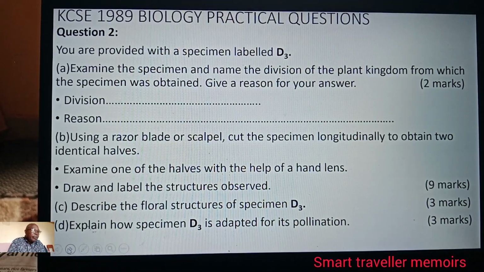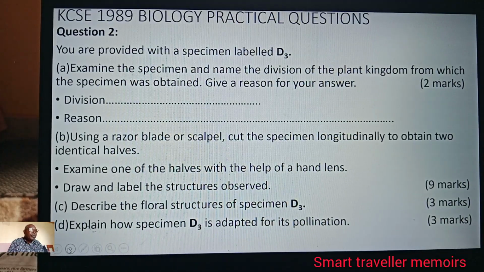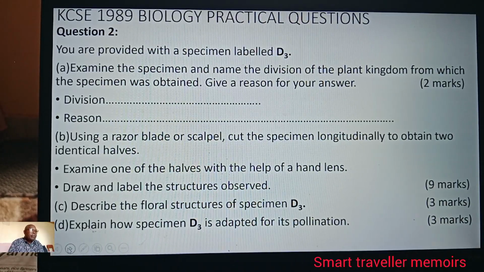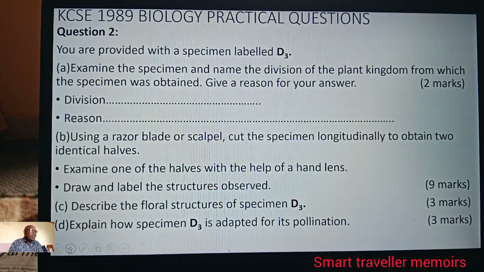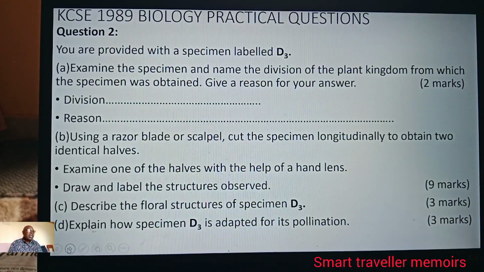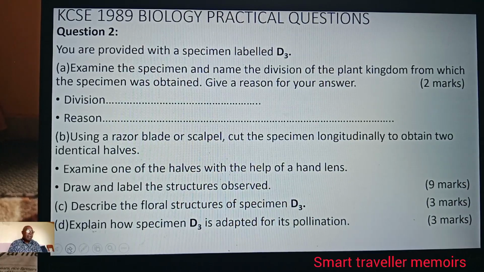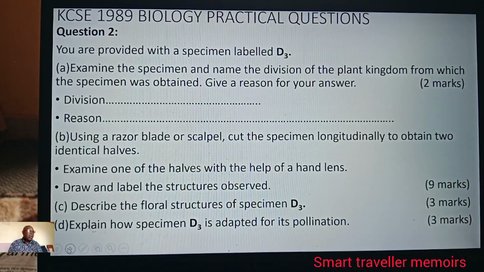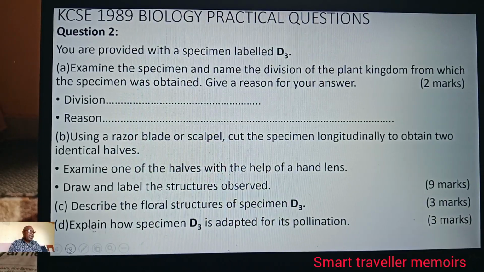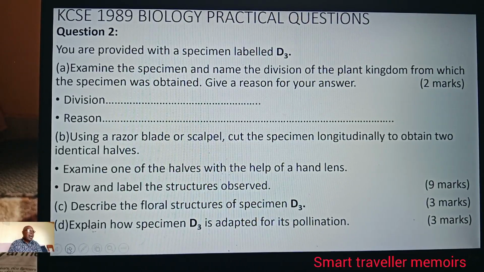Questions for question 2. You are provided with a specimen labeled D3. Part A. Examine the specimen and name the division of the plant kingdom from which the specimen was obtained. Give a reason for your answer. So there you have the division and the reason. B. Using a razor blade or scalpel, cut the specimen longitudinally to obtain 2 identical halves.